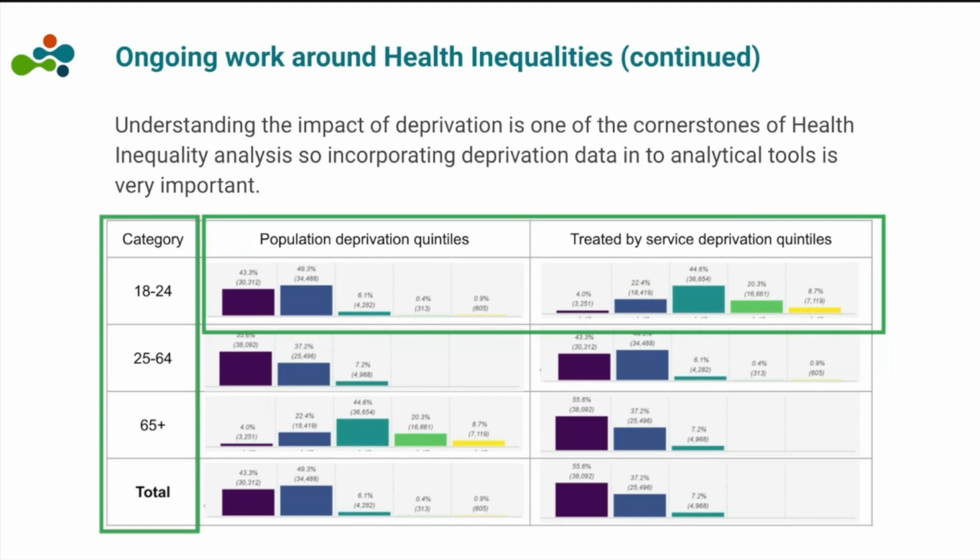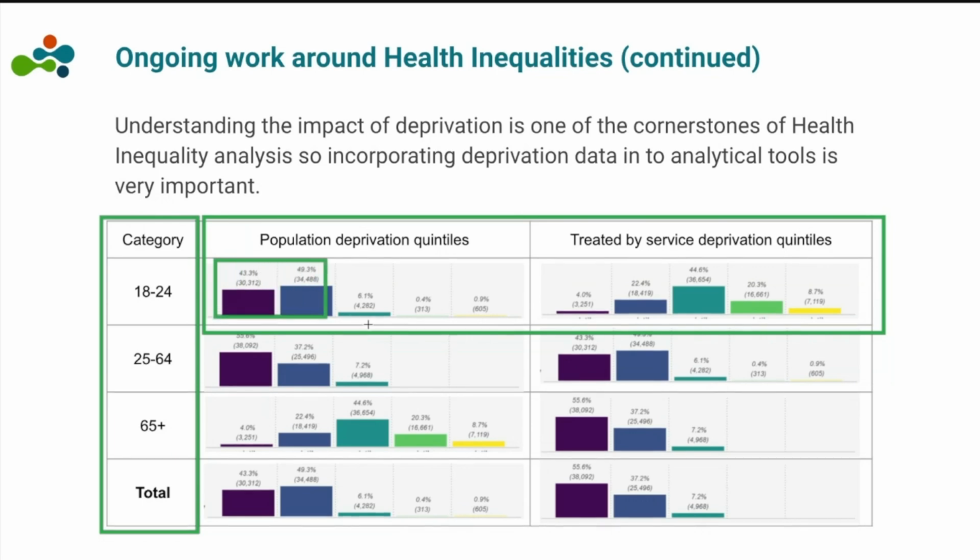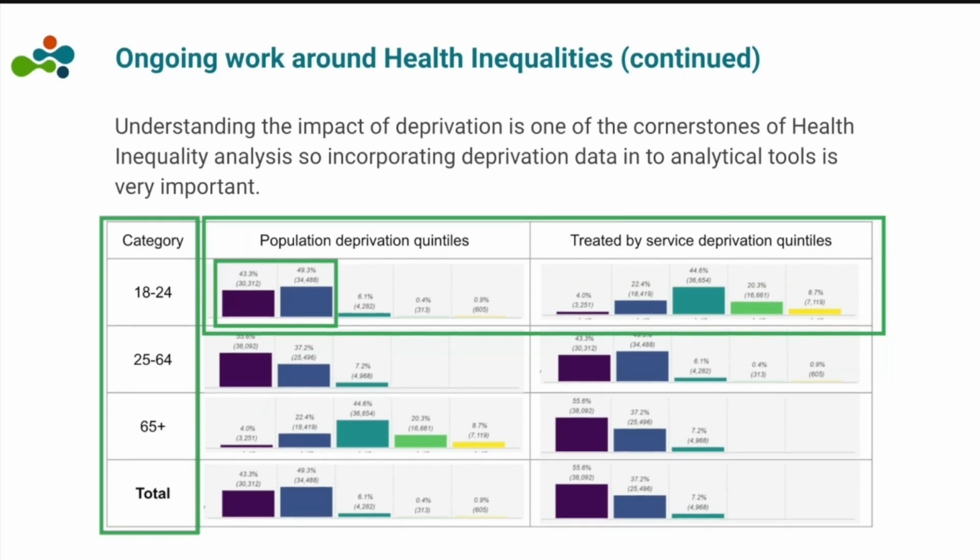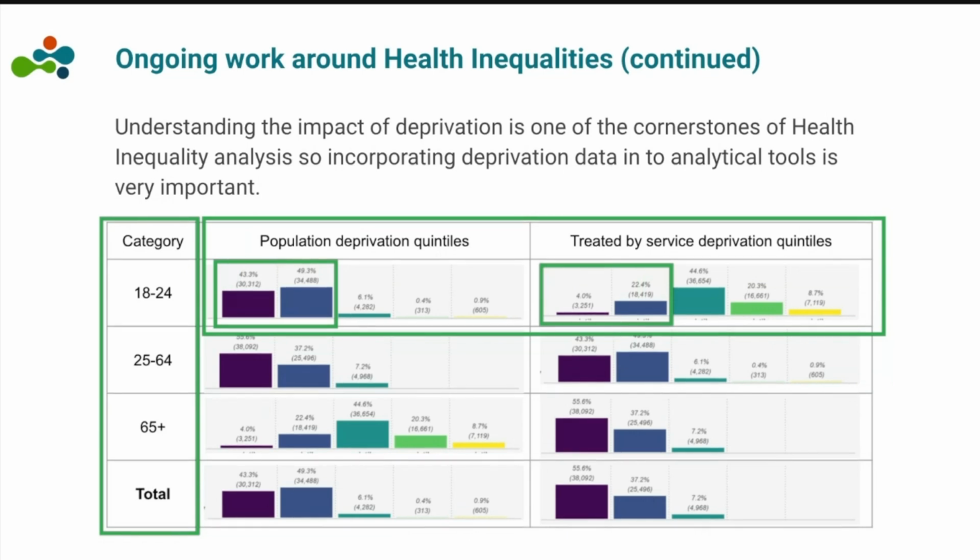So in this made up example here, it's showing that for 18 to 24-year-olds in the population, a large percentage of those are in the lowest two deprivation quintiles. But in terms of the people who are being treated in the service, there's some sort of issue there in that those people aren't accessing the service in the volumes that you would expect based on the population. But that's how this kind of deprivation information could be presented and could be helpful.